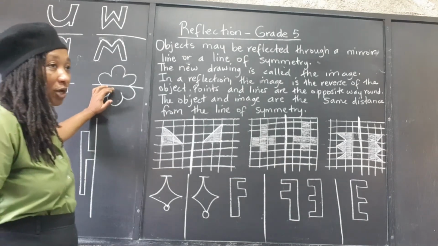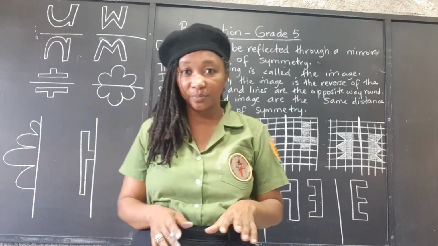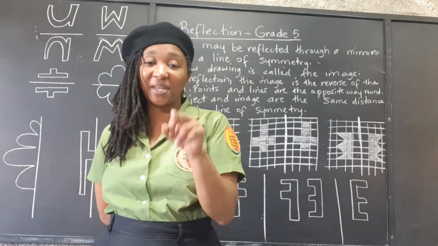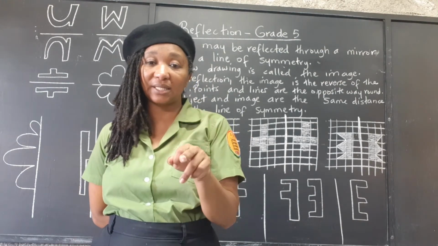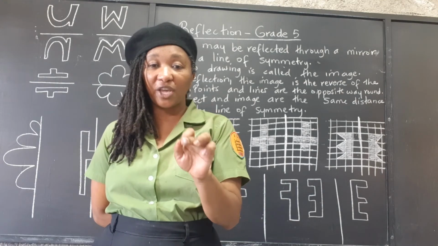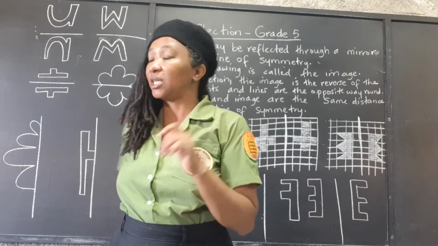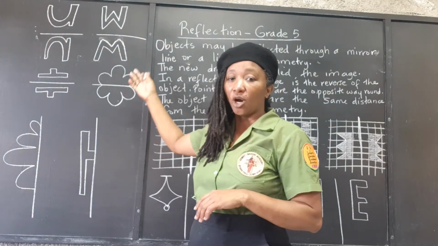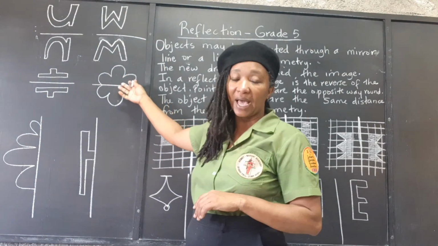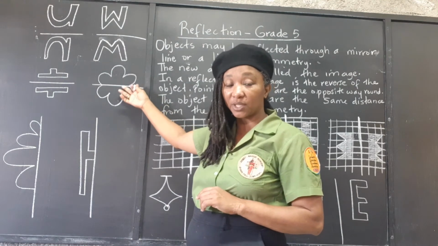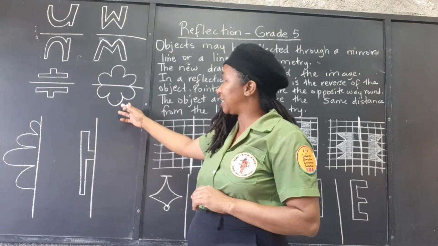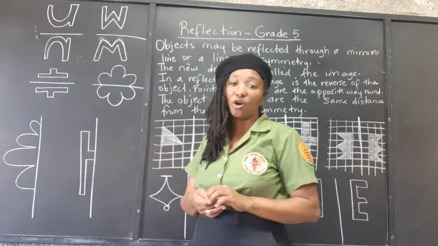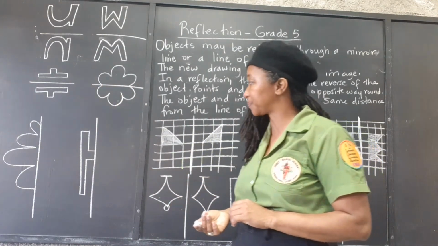Like if you were to go right up to the mirror, or if you were to put your finger and touch your image, there would be no space between the finger and its image. So this is like what's happening here. The object is right up to the line of symmetry, right up to the mirror line, and it is reflected on the other side. There is no space between the object and the image.